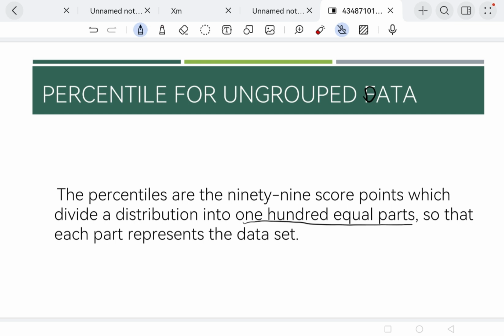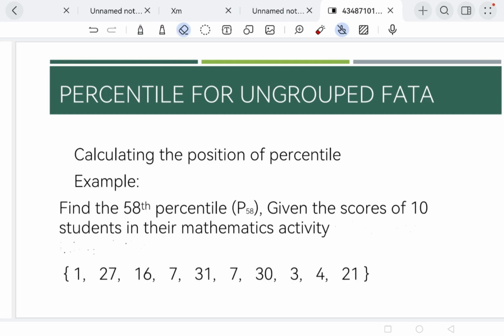For our decile, our distribution is divided into 10 equal parts. And for our percentile, our distribution is divided into 100 equal parts. So let's have an example.